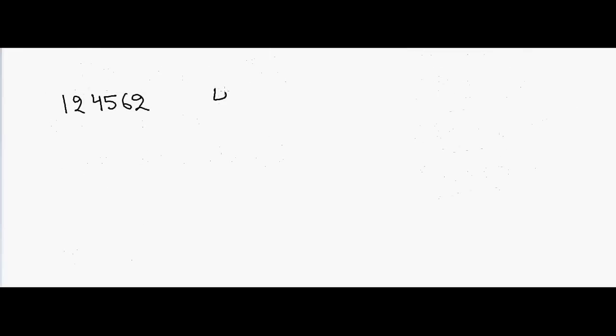So in that case what I have to do, I have to look at the last two digits, and see if they are evenly divided by 4. So 62, if we try to divide 62 by 4, I'll get 1 and then I have 22 left. So that is not evenly divided by 4. So this number cannot be evenly divided by 4.